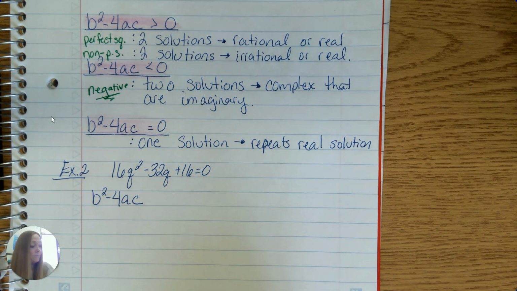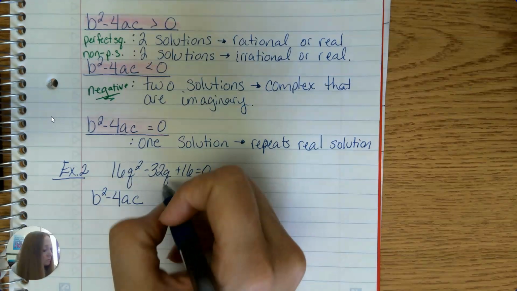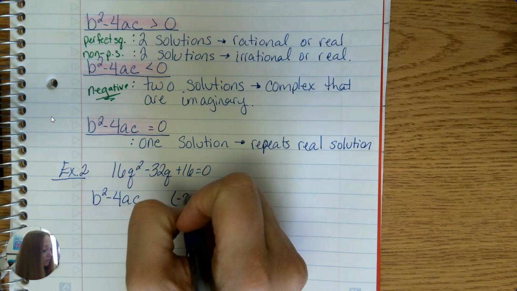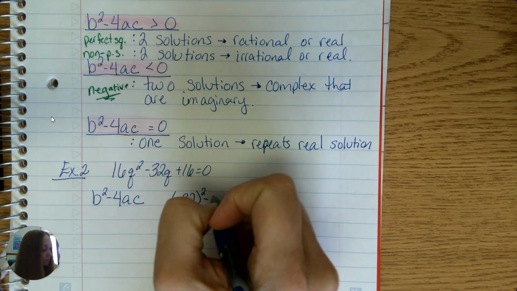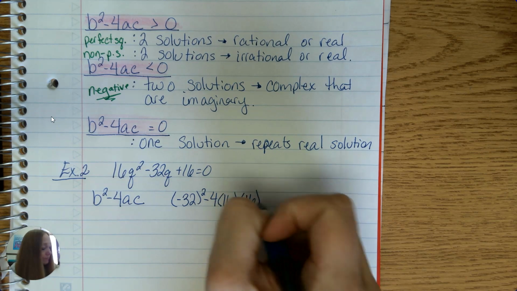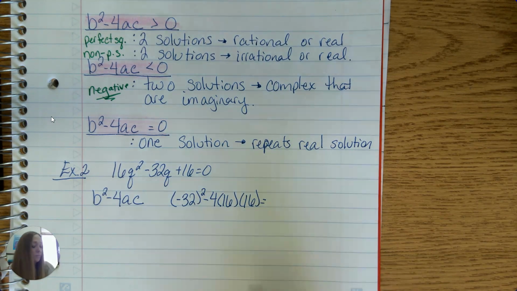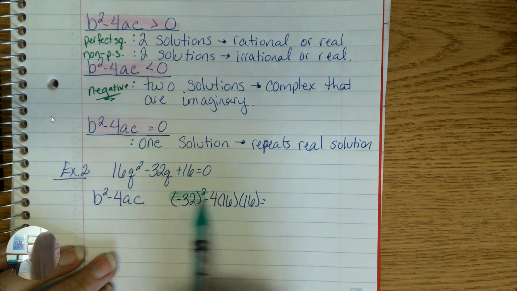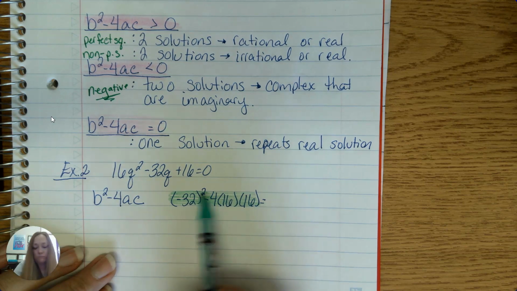And to do that, we will get negative 32 squared minus 4 times 16 times 16. Okay, and I'm going to plug all of this into my calculator. And when I do so, I get 0.